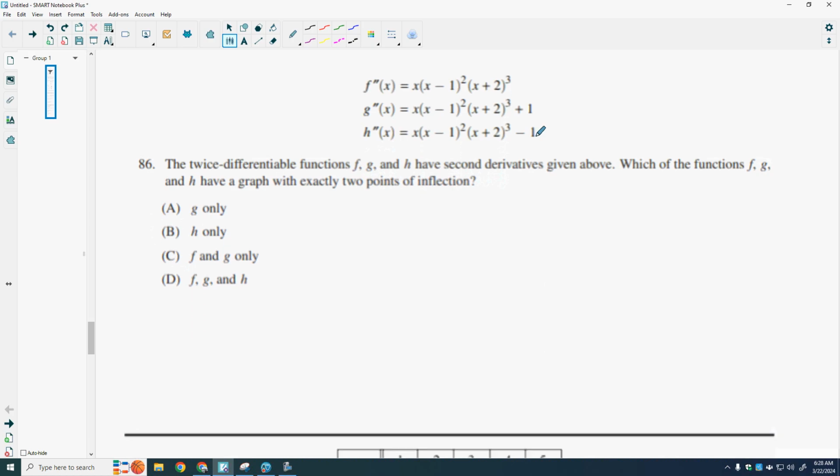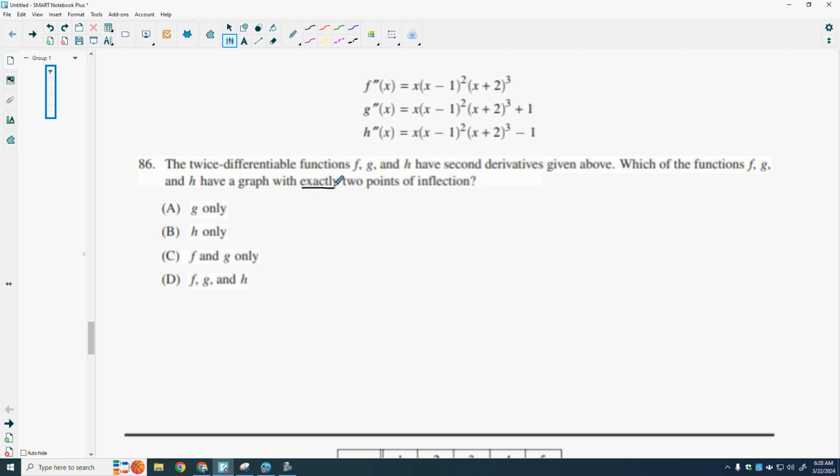Question 86. Twice differentiable functions given up there. Those are the second derivatives given. Which of the following F, G, and H have a graph with exactly 2 points of inflection? So let's start scratching out ones that have more or less.